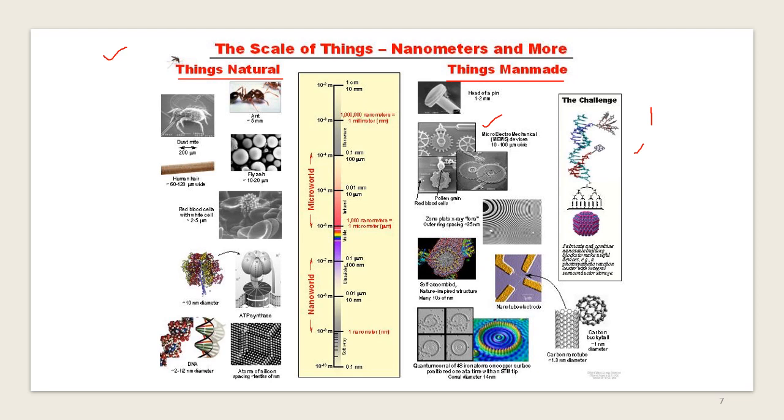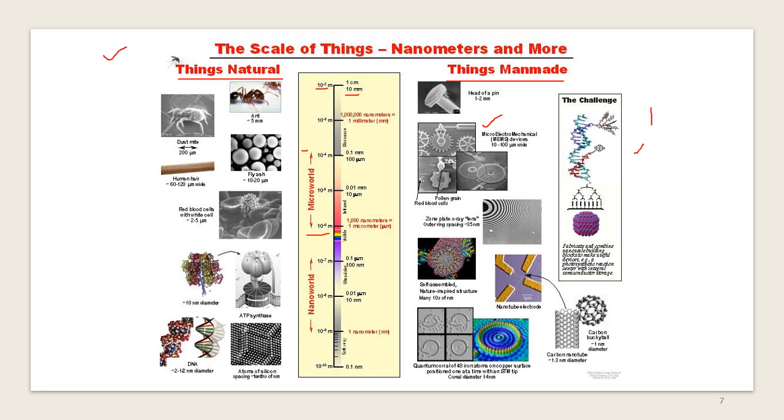Firstly, we'll find out the range or scale of the micro world and nano world. We know 1 centimeter equals 10 to the power minus 2 meter, or 10 mm. The micro world bandwidth is from 10 to the power minus 4 meter to 10 to the power minus 6 meter.